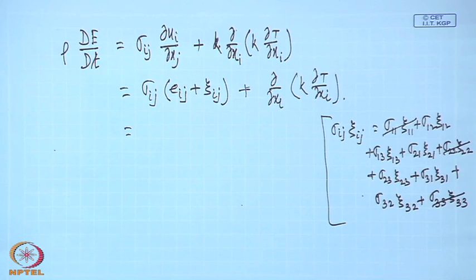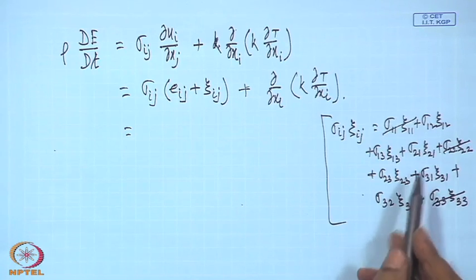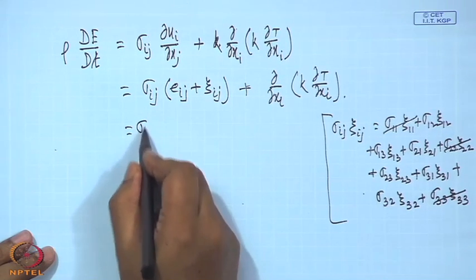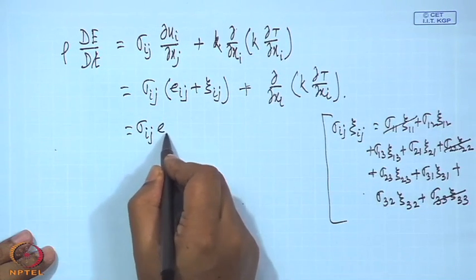Now sigma 12 xi 12 and sigma 21 xi 21: sigma 12 and sigma 21 are the same, since sigma is a symmetric matrix, while xi 12 and xi 21 have opposite sign. So they get cancelled, and all these terms get cancelled. So sigma ij xi ij is identically 0, and this becomes only sigma ij E ij.